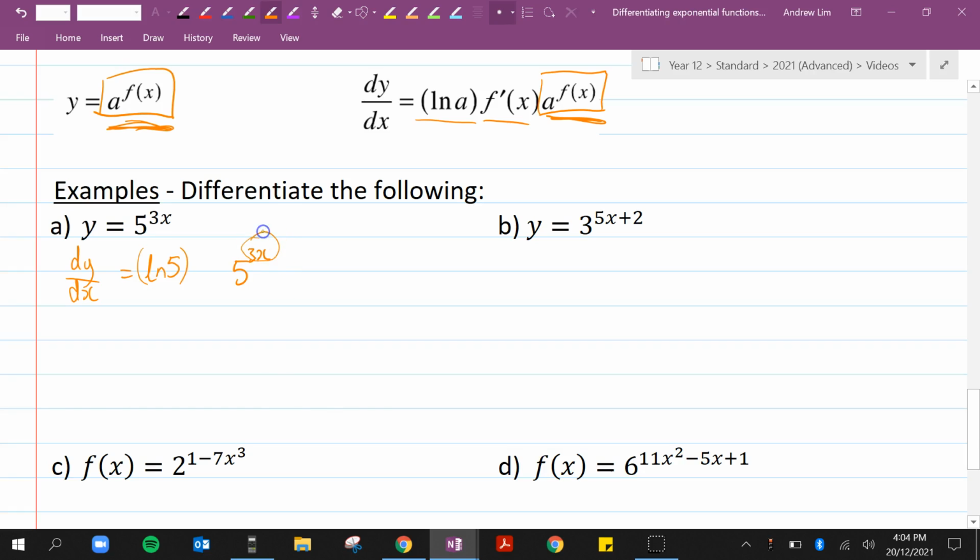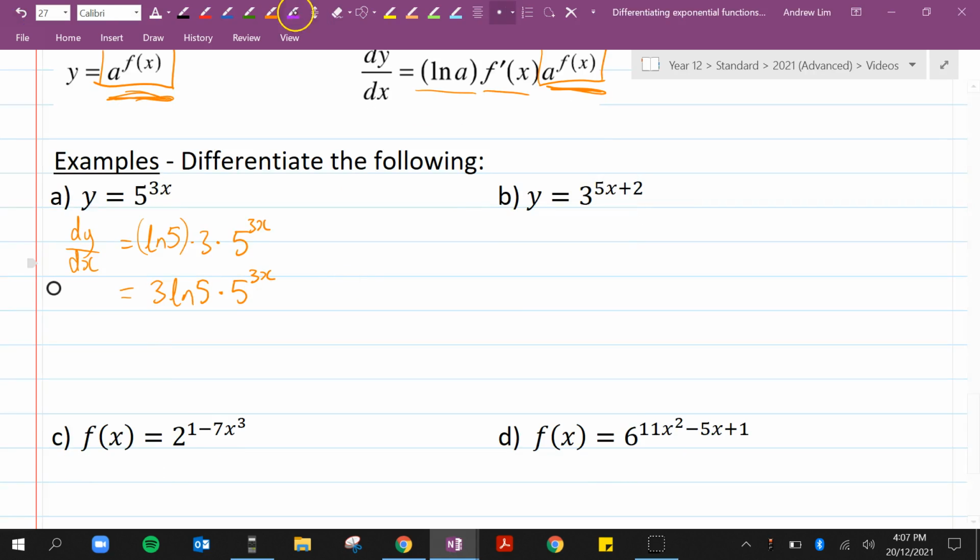So here's my f of x. When we differentiate that, we get 3. Now I'm going to tidy this up. I'm going to bring the 3 out to the front. I'm going to have 3 ln of 5 times 5 to the power 3x. Please do not mix this up and say, oh, 3 times 5 is 15. We can't just do that. That does not work.